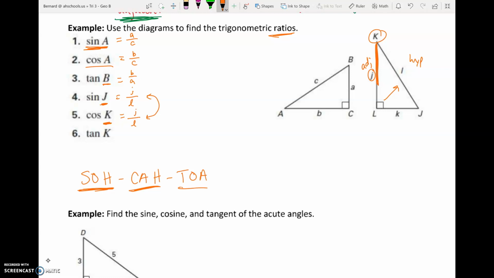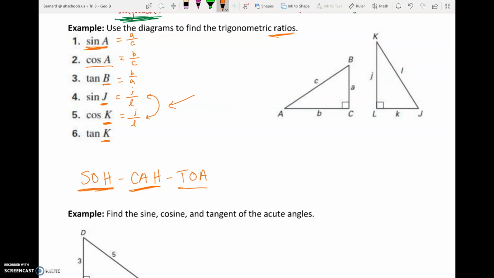That is exactly why if you do the sine of one and the cosine of the other, you get the same ratio, because the opposite and adjacent changed, and it changed in a way that it became the same because we flipped angles.